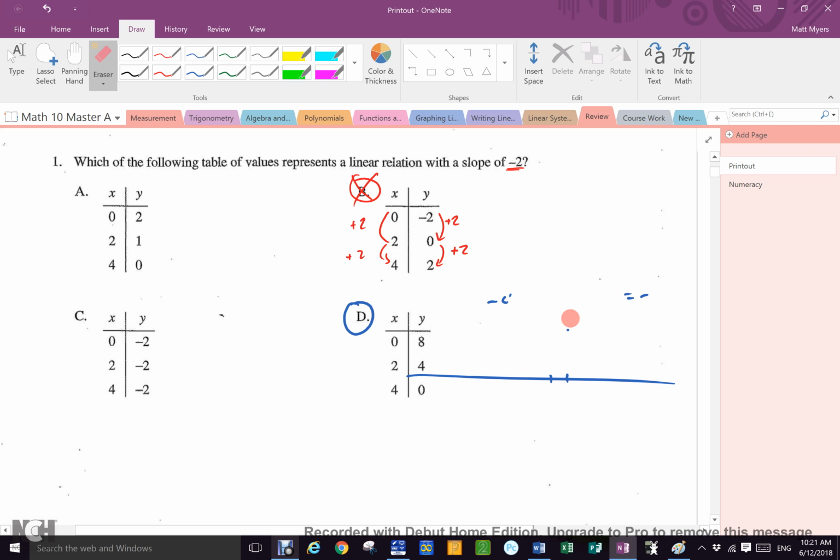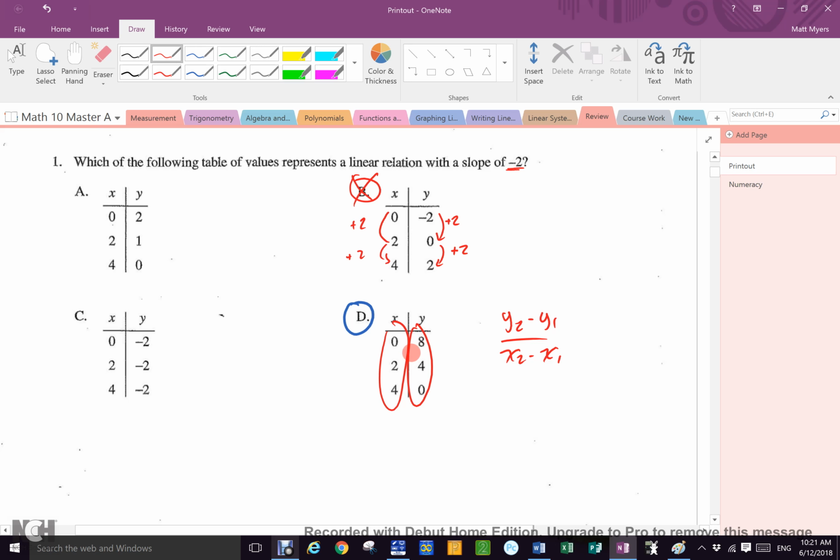How else could I have done it without a graph? Can anybody tell me another way I could have done this without a graph? Anybody? I could have done y2 minus y1 over x2 minus x1. Mr. Myers, where do I get x's and y's? What are those? X's. What are those?